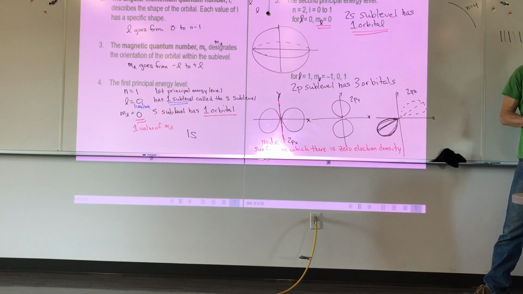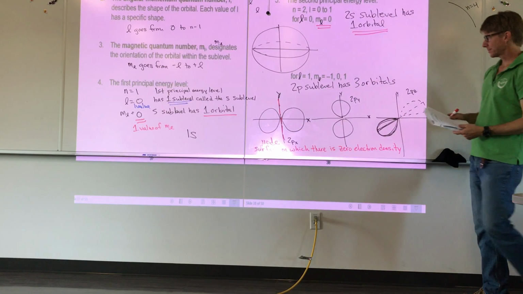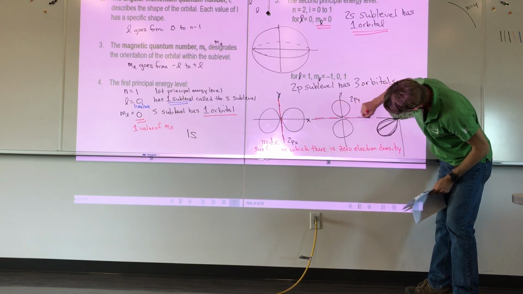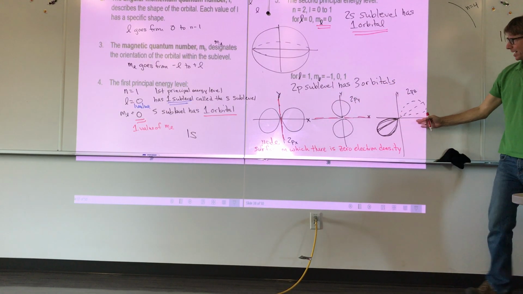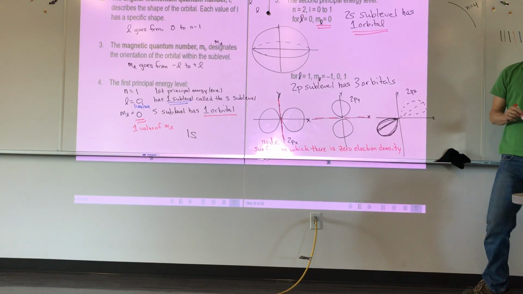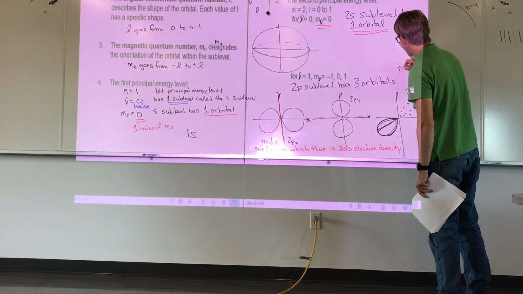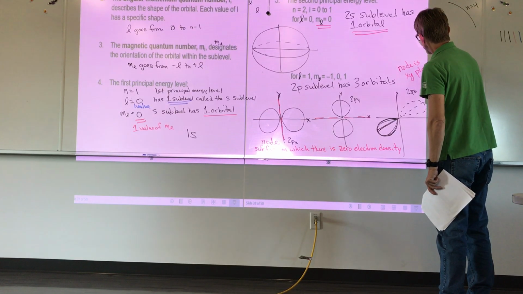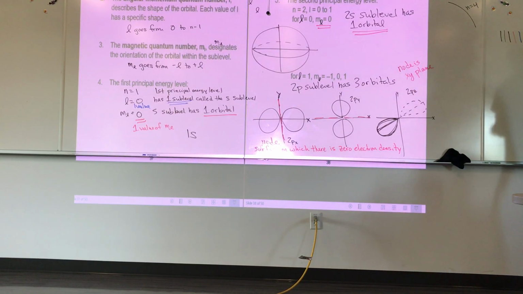They cannot be in between. There's a node here as well. And for 2pz, the node is the xy plane. And that's why they're called planar nodes, because they take the shape of a plane. That's what they mean by the surface. Good.